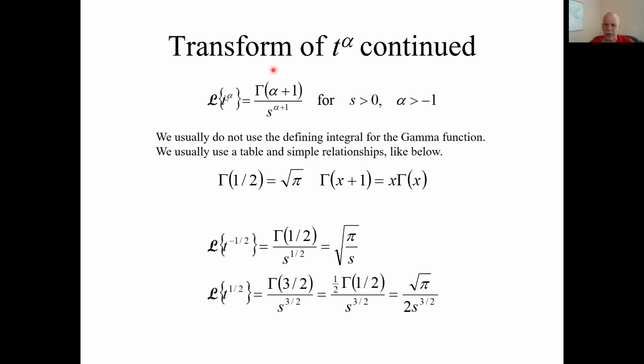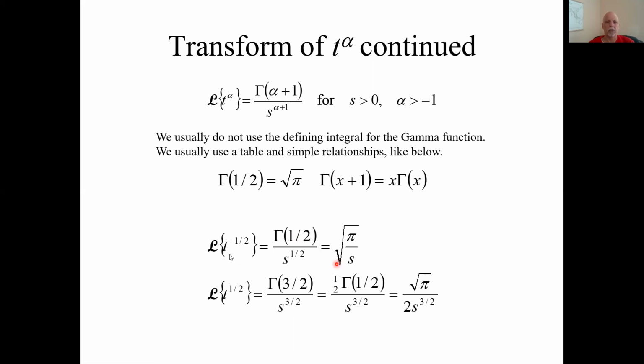So here's the Laplace transform of t to the alpha again. Take my word for it that the gamma function with the argument of a half is the square root of pi. And the gamma function has this relationship. If I add 1 to the argument, it's multiplying by x. So the Laplace transform of t to the -1/2, just using this formula up here, and that numerator is the square root of pi.